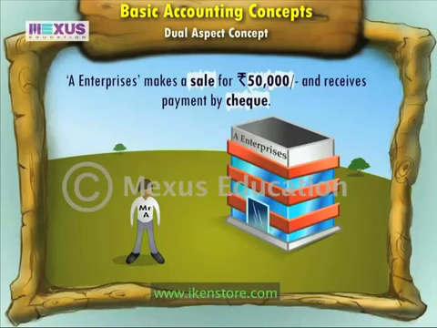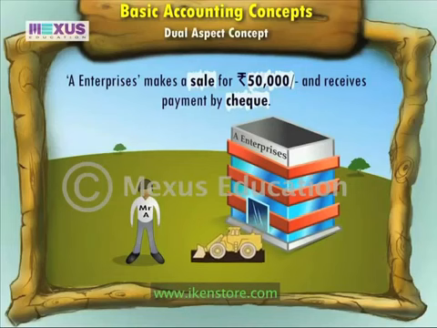A Enterprises makes a sale of 50,000 rupees and receives payment by check. Now, there are two things happening simultaneously. First, machinery has moved out of the firm.